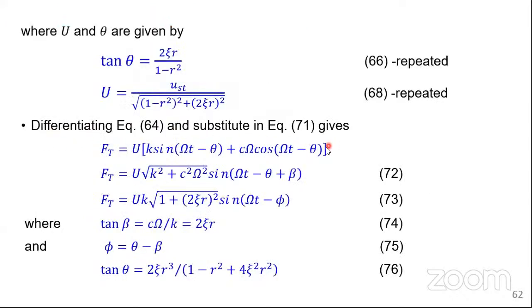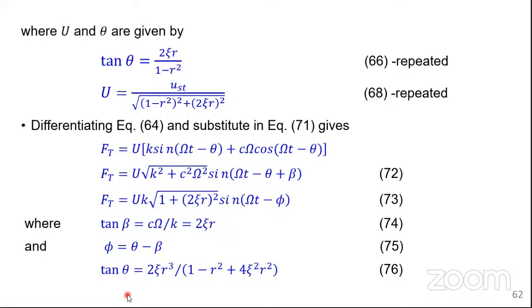So you differentiate and substitute in equation 71. All these equations 71 up to 76, it's just a matter of differentiating and substituting U, and then simplifying using the ratios that we already have defined previously, and introducing just a new angle phi, which is given by theta minus beta. Okay, don't be surprised or worried about these angles.